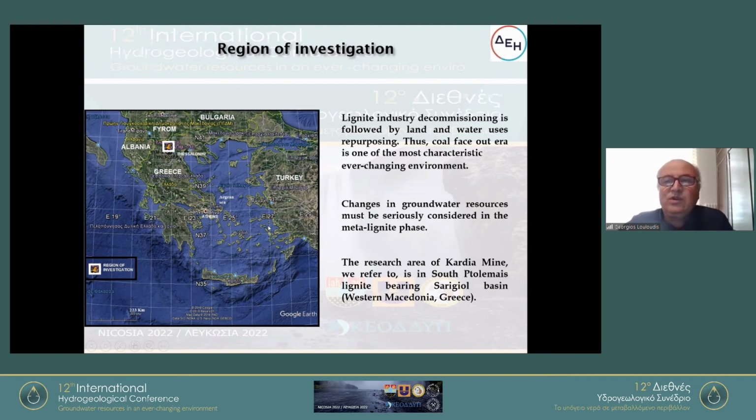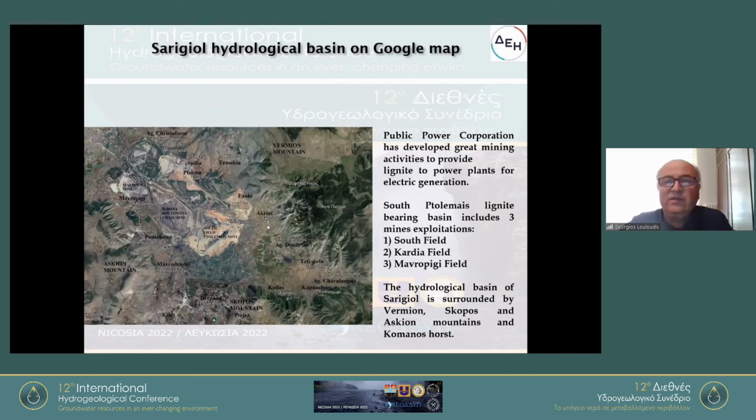Public Power Corporation has developed great mining activities to provide lignite to power plants for electric generation. One of these mines is Kardia Field. The hydrogeological basin Sarigiol that Kardia Field belongs to is surrounded by Vermion, Skopos, and Dacian mountains, and Komanos Horst.